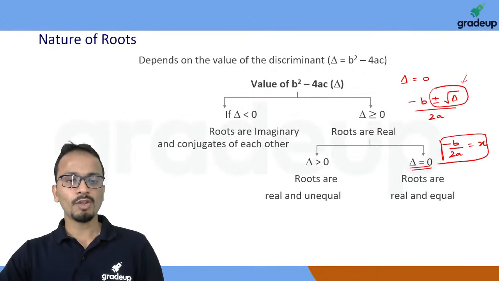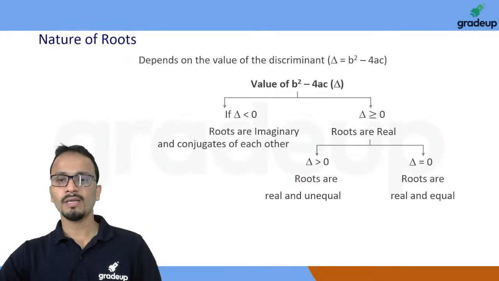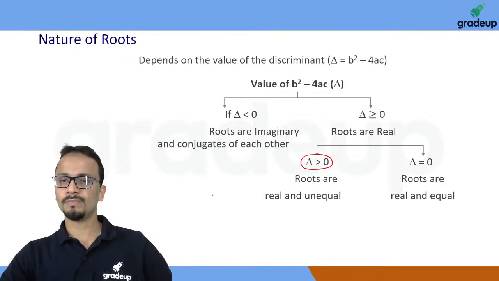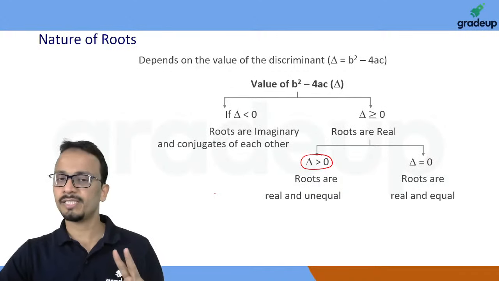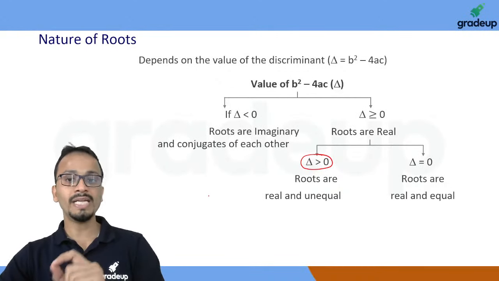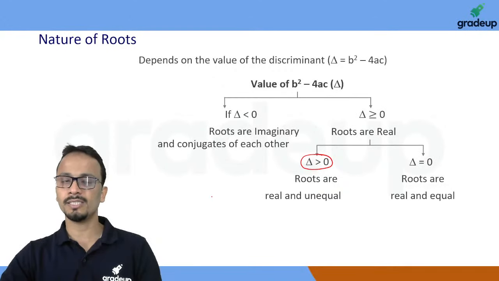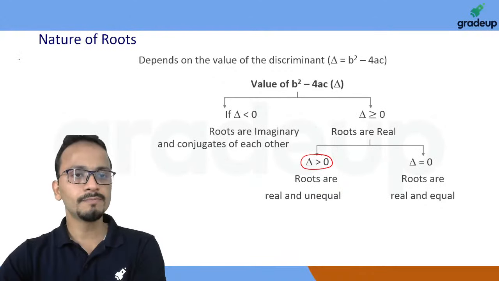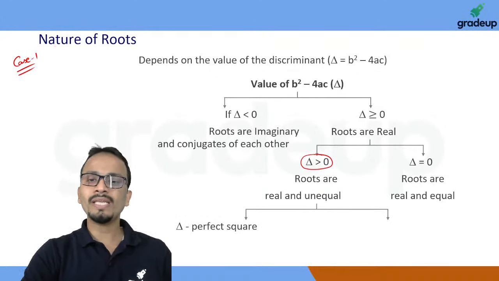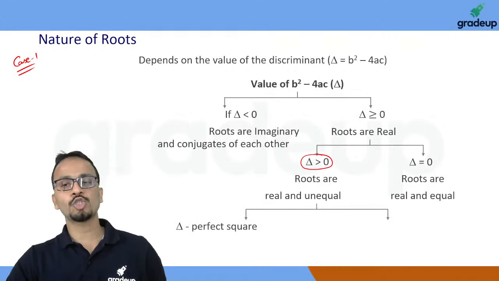Now we are clear up till this point. Further, when delta is greater than 0, there are two different cases. These two cases are very, very important. Case 1 is when delta is a perfect square.